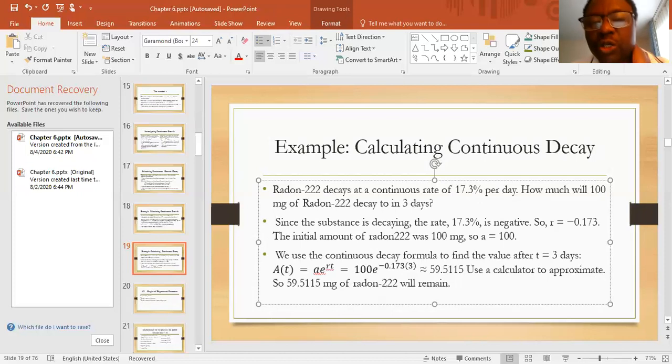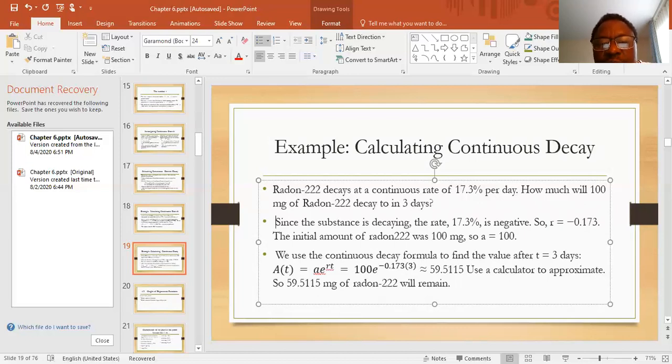We can use the continuous decay formula to find the value after t equals 3 days. So A of t equals A times e^(rt), which is 100 e raised to power minus 0.173 times 3. The quantity remaining will be 59.5115. We can use a calculator to compute this.